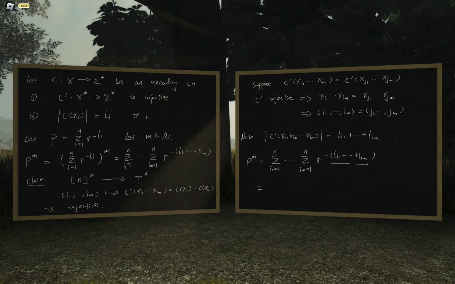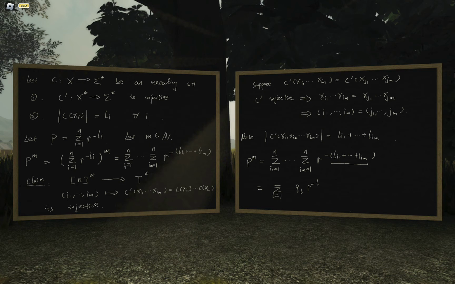Each of these powers will give us words in T coming from words of length M in X. So we change the way of counting. We know this equals the sum of Q_L r to the minus L, for L from 1 to the maximum length.